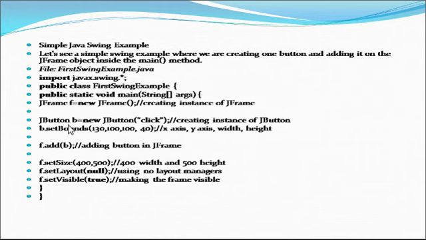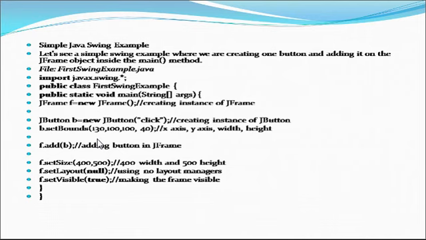The second class is JButton. JButton is used to draw a button on your frame, and this button's name is Click. The setBounds method is a predefined method, the same as in AWT. The setBounds method is used to define the coordinates of your button on your frame.